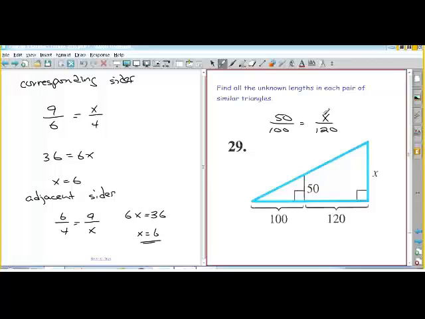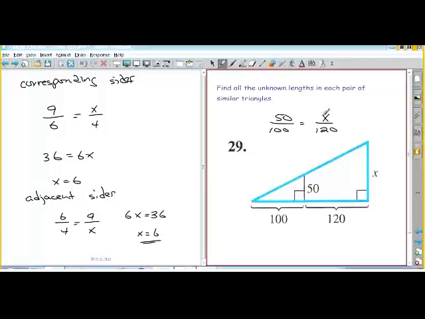So what we're doing here is comparing within adjacent sides. So I'm comparing this side to that side, and this side to, I didn't get the whole side. So you've got to make sure you include the entire side length, not just the number that you first see.